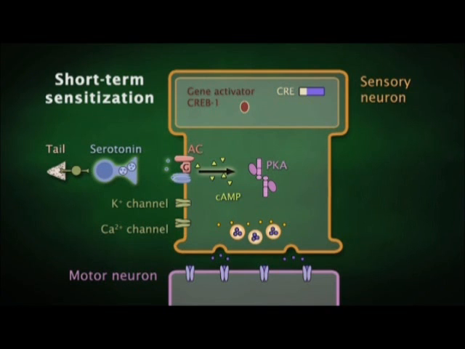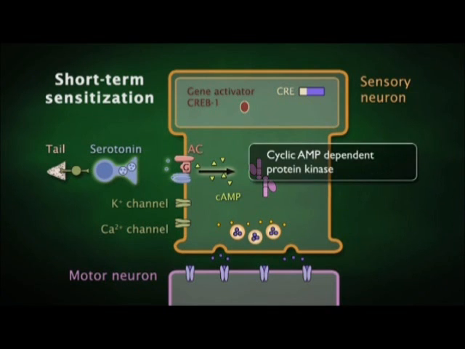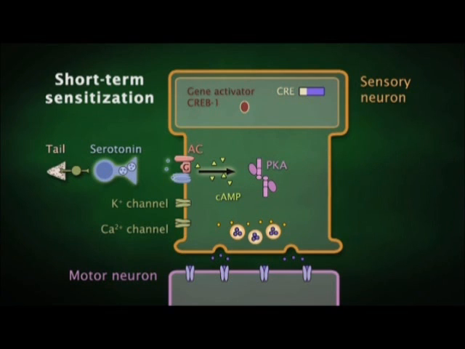Cyclic AMP activates a particular molecular machine called the cyclic AMP-dependent protein kinase. That is abbreviated protein kinase A, PKA. Cyclic AMP-dependent protein kinase has 2 subunits, a regulatory subunit and a catalytic subunit. I've indicated the regulatory subunit as a spindle-shaped structure and the catalytic subunit as an oval-shaped structure.